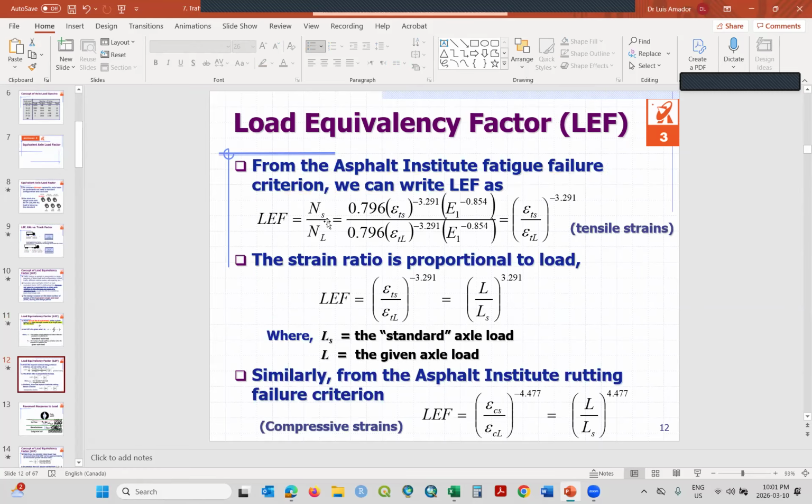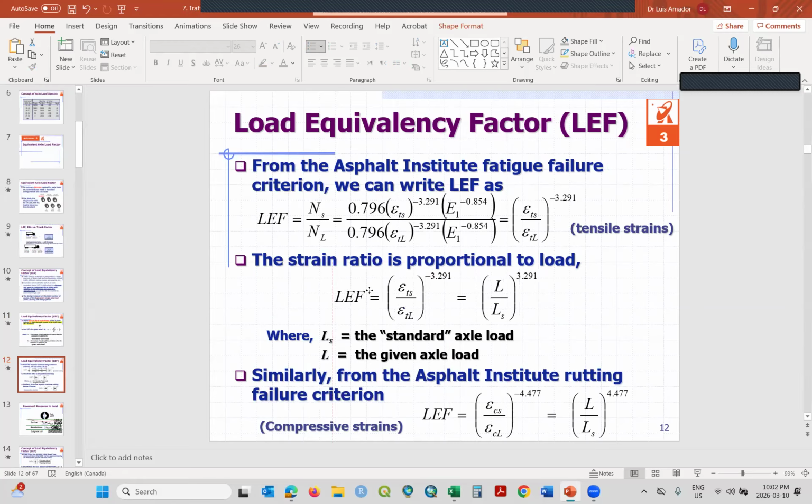Now, the Asphalt Institute back in the 1960s and 70s did the calculations, and as I was telling you, it is not a linear relationship between whatever is your standard axle and whatever is the load. It is a power of 3.29.